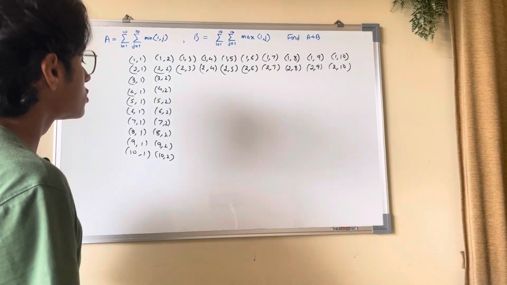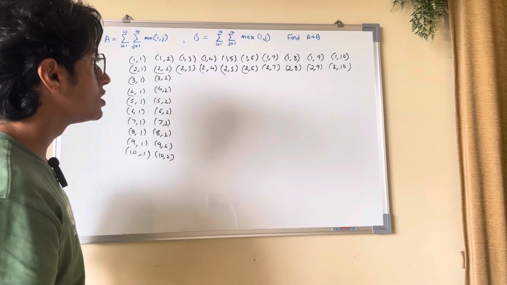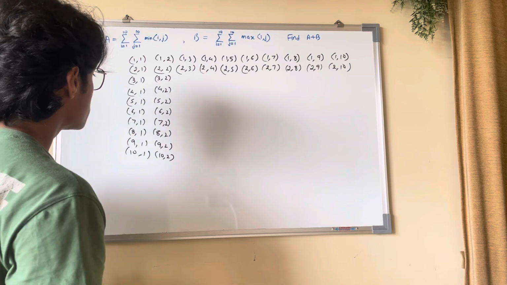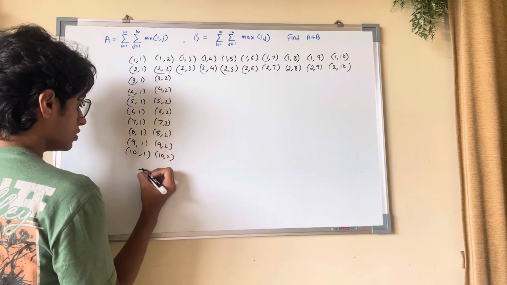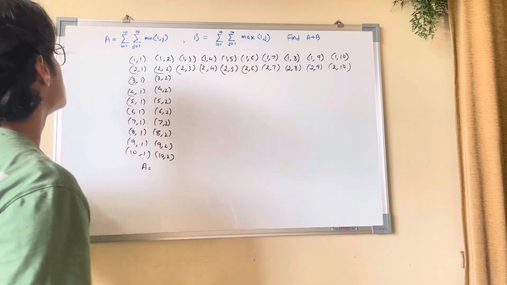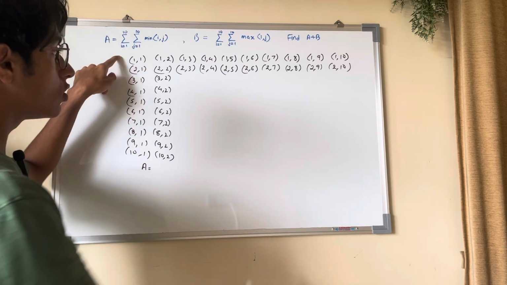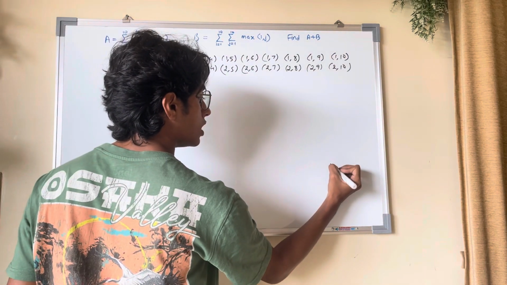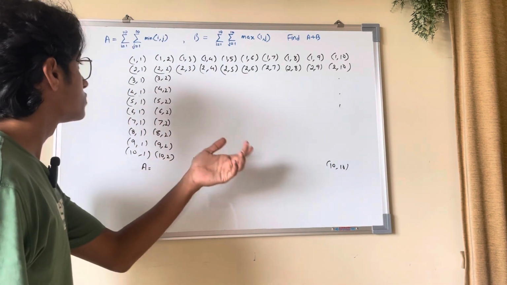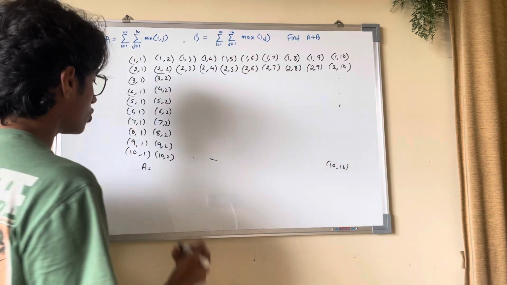Here I've written the first two rows and the first two columns of all the ordered pairs of this double summation. Now, first of all, to find the value of A, we need the minimum of i comma j for all of these ordered pairs. The last will be 10 comma 10 and there will be many in between. So minimum of 1 comma 1 will obviously be 1.